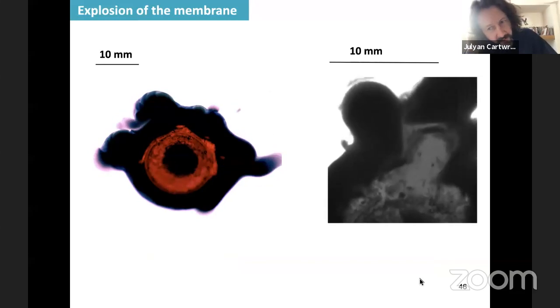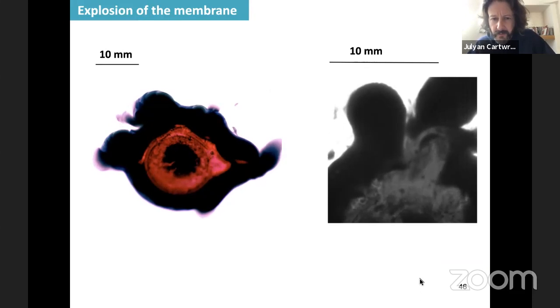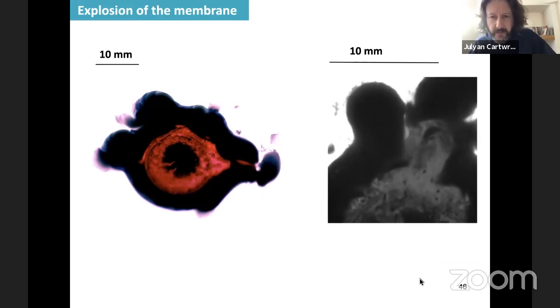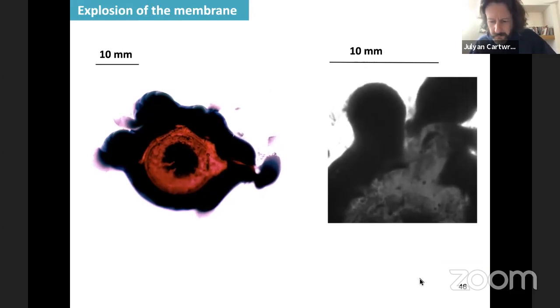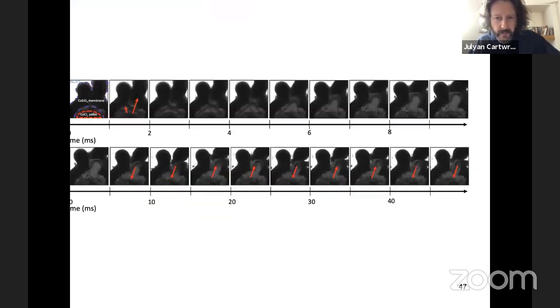So the explosion, as you see, is producing an oscillation of the membrane. Here's a sequence of images showing the same thing. And so you see the arrows are showing the oscillatory movement of the fluid when the membrane explodes.